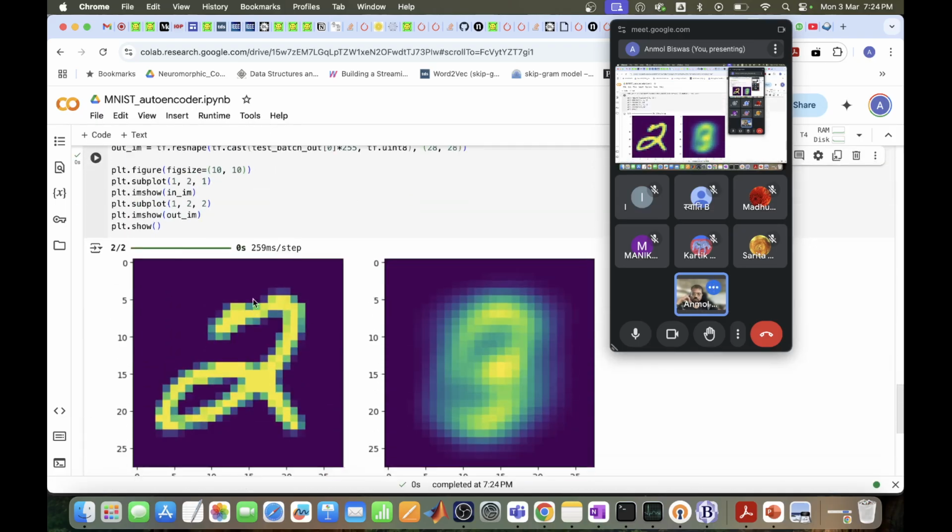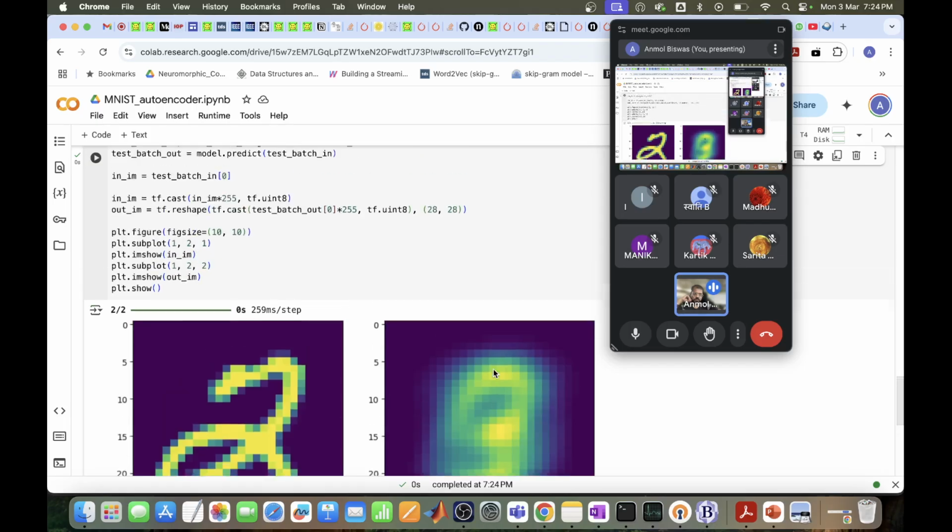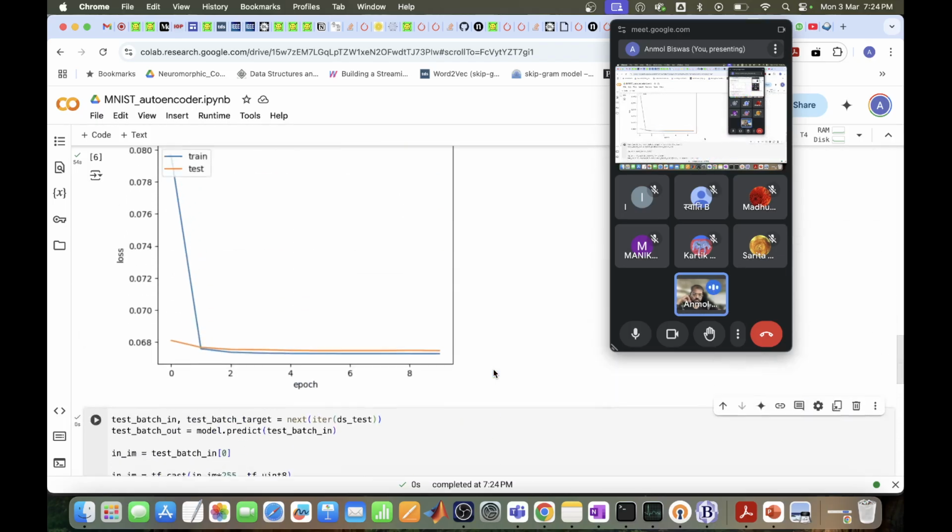This is our input, and if the autoencoder was trained properly, we would have seen something like a 2 over here. But we are not seeing that. We are seeing something very odd, that looks like an 8 or a 9, or some weird thing. So obviously, this network is not doing very well.